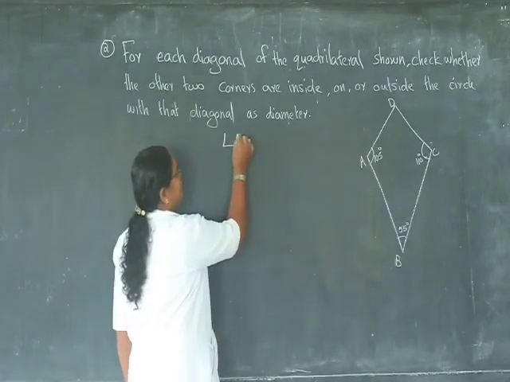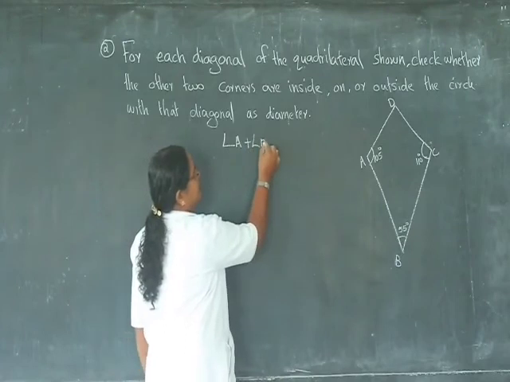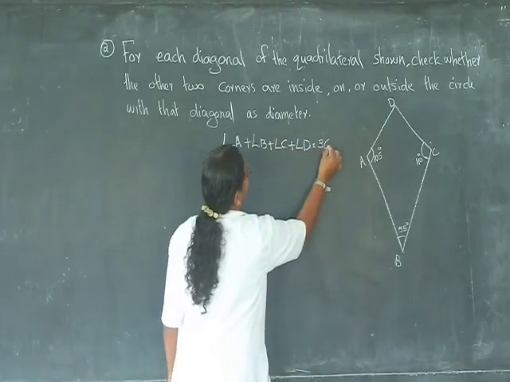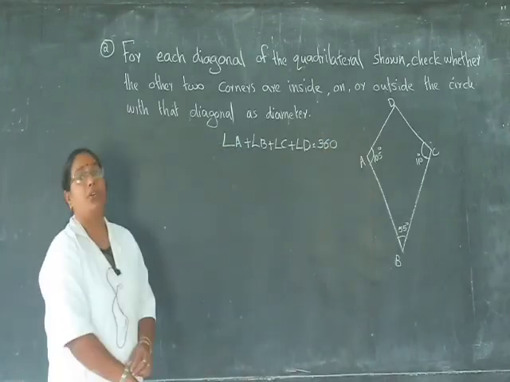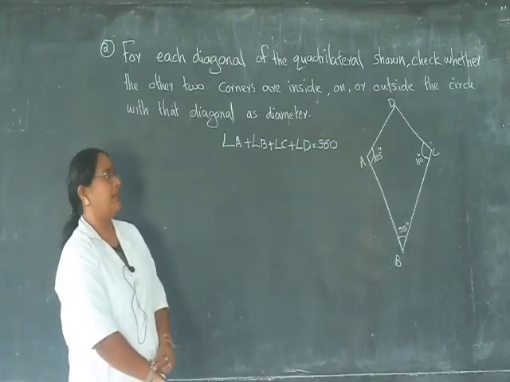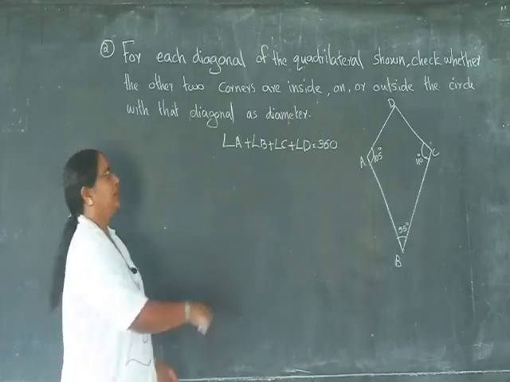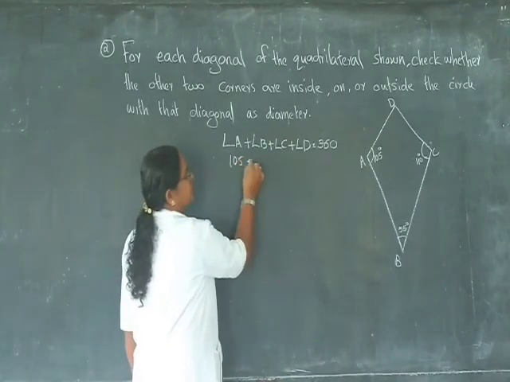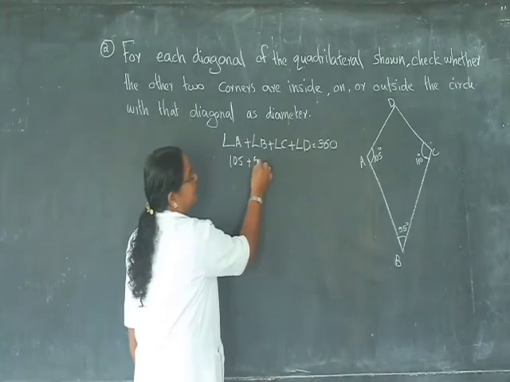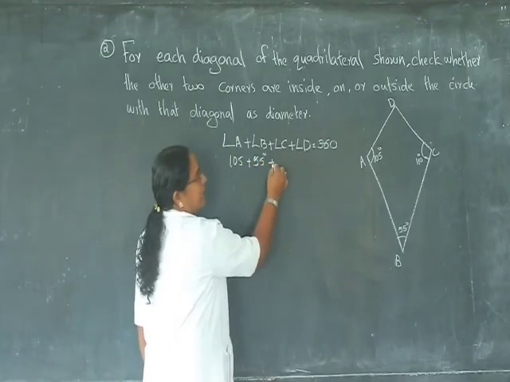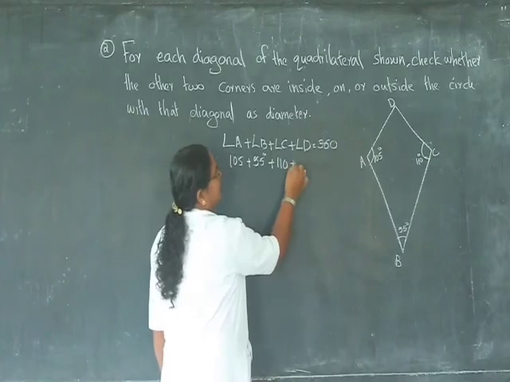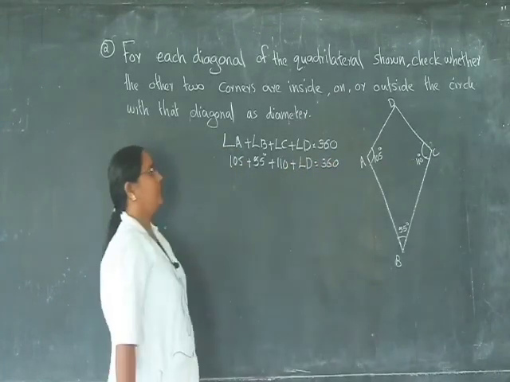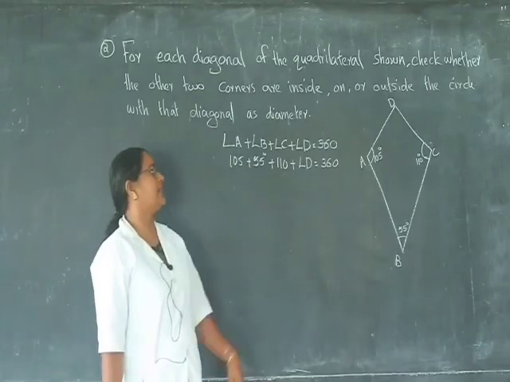Using that idea, A plus B plus C plus D equals 360. Angle A is given as 105, B is 55 degrees, angle C is 110 degrees. We want to find D.